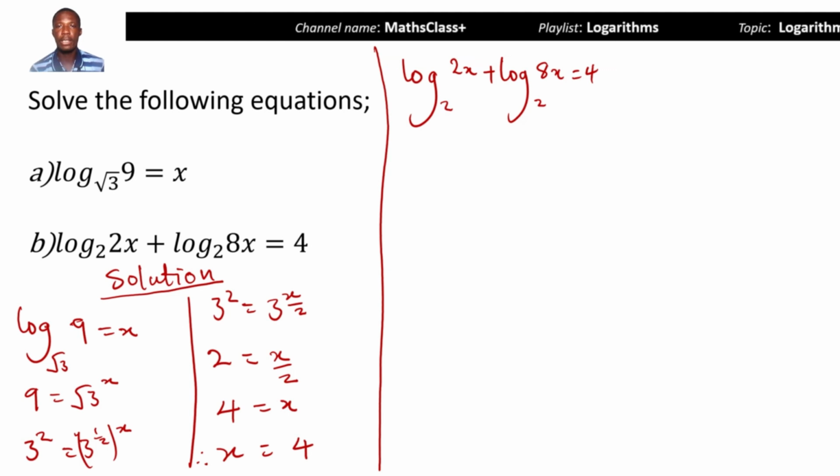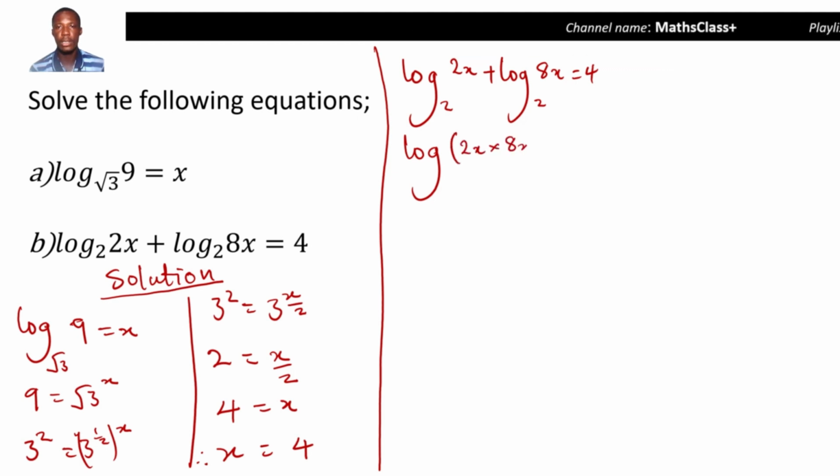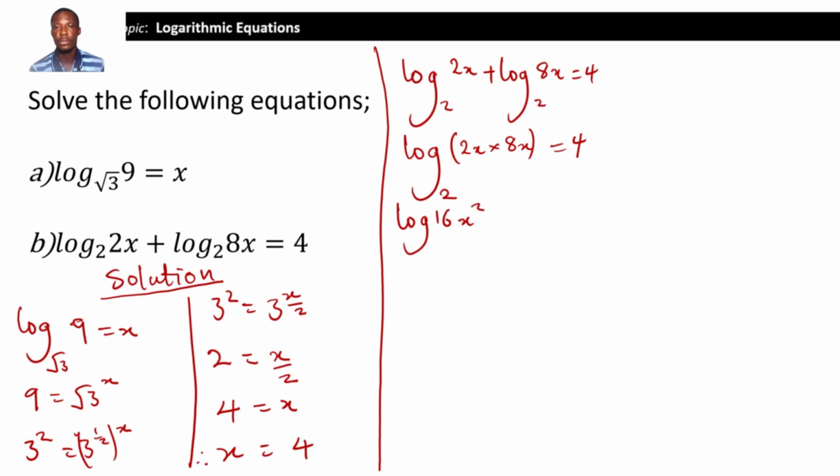So I will rewrite this expression as log of 2x times 8x to the base 2 is equal to 4. And then I will have that as log of 16x squared to the base 2 is equal to 4.